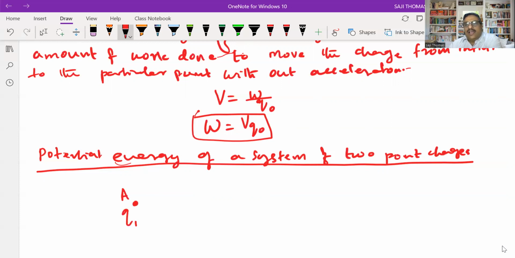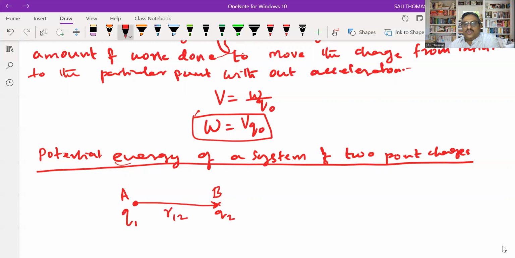Now I am moving a charge Q2 from infinity to this point B. Now you have to do work against the force of the charge Q1. Suppose the distance between these two charges is R, say I am taking R12, the distance between 1 and 2.